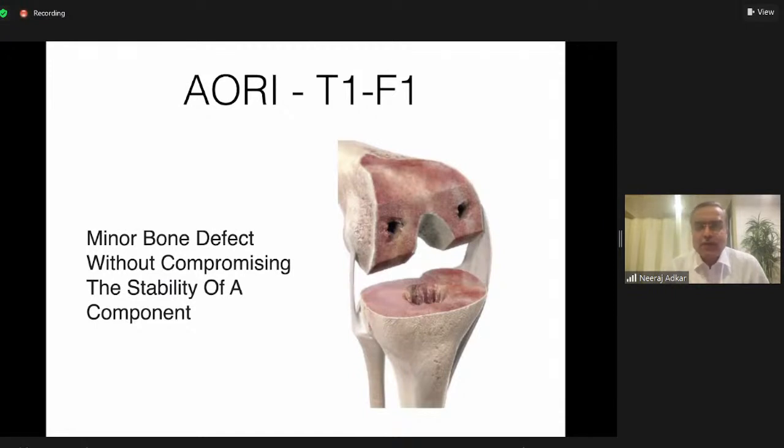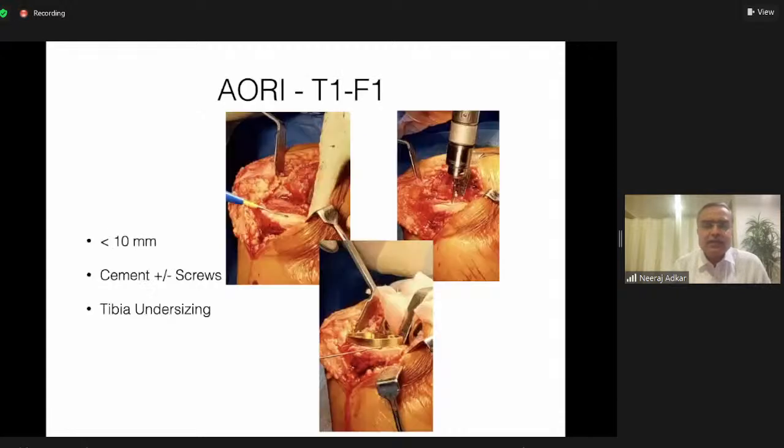So this is how a type 1 patient would be. It is a small defect, many times a contained defect, which can easily be treated with cement if less than 10 mm. The sclerotic portion you can drill with a small K-wire and then fill the defect. You can use screws for additional stability in some of the defects. Tibial undersizing is one of the options here, where you can lateralize the tibia and undersize it to minimize this defect.